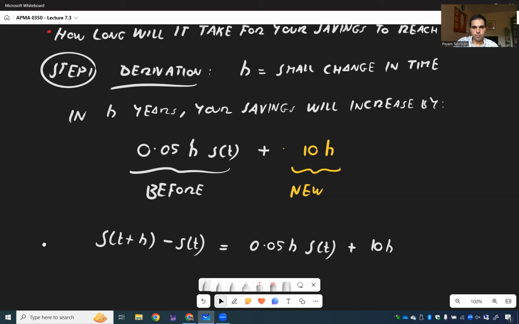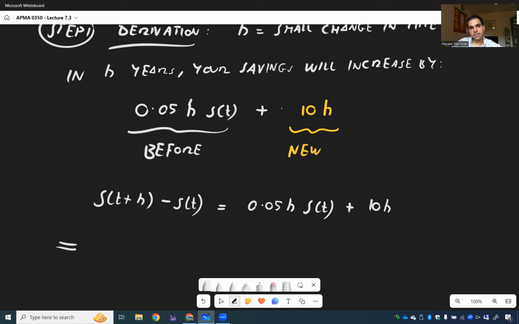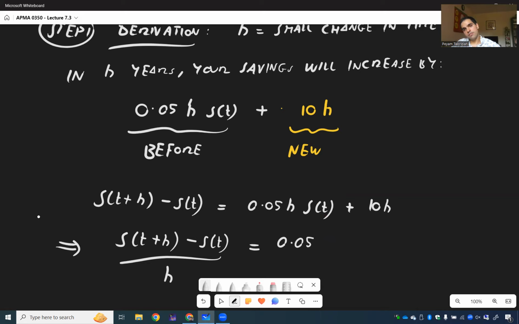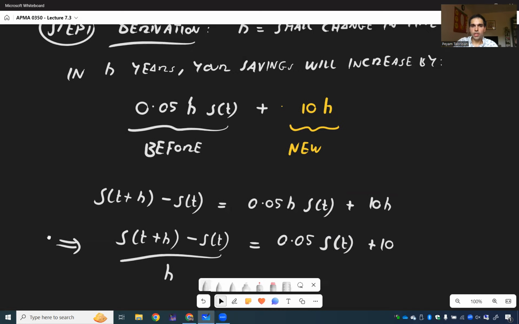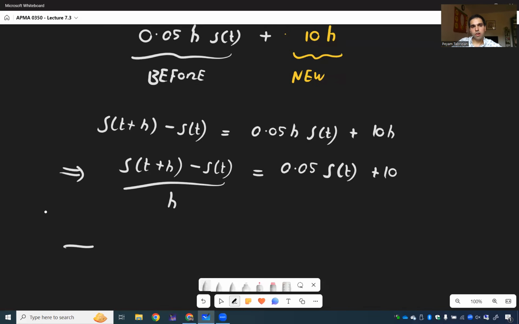And then once again, writing this as a difference quotient, we get s of t plus h minus s of t over h is 0.05 s of t plus 10. And then taking the limit as h goes to 0, we get a similar differential equation. S prime of t is 0.05 s plus 10.